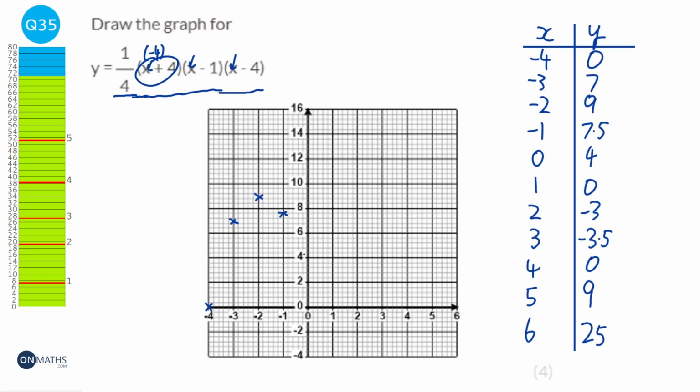Then 4. Then 0. So it looks like it's going to go down now, but it's going to go down for a little bit, like down here where it's -3, and even further down here where it's -3.5. But then it starts going up again. So 0, and then 9, and then we're off the top.